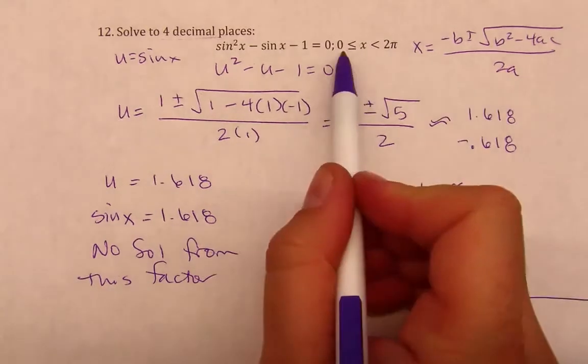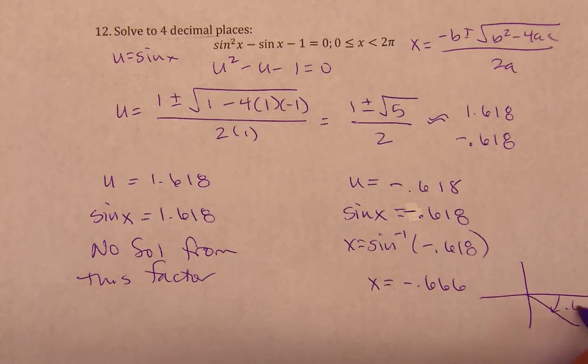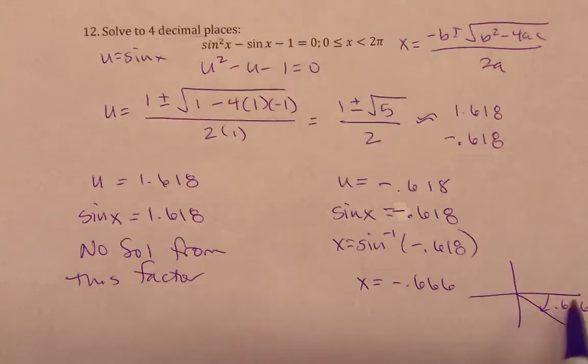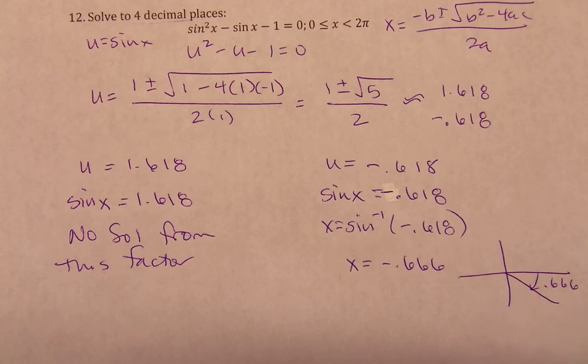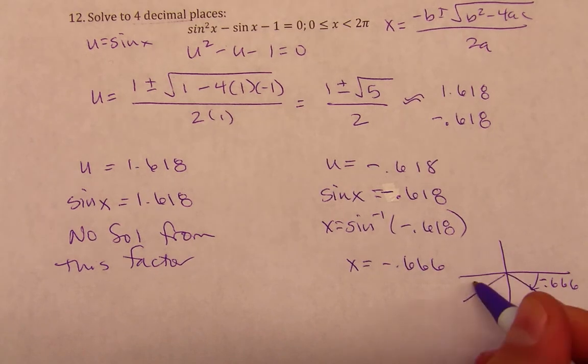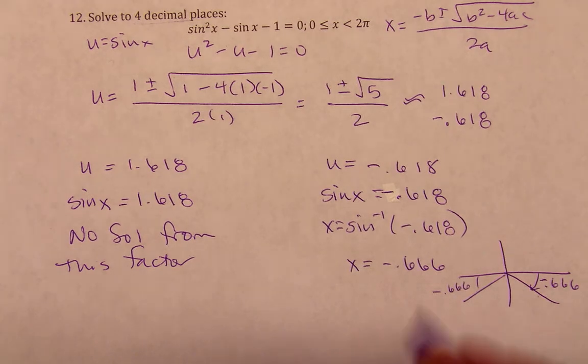But we're talking about from 0 to 2 pi. -0.666 is going to be right about here. So we want to find out what is that angle in a positive angle. So this is -0.666. And sine is negative here, and it's also negative here, so we're going to go down -0.666 here and find out what those angles are.